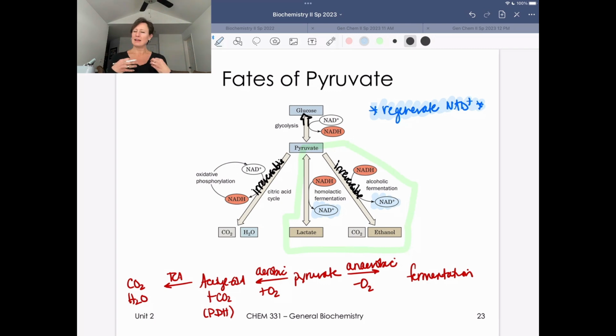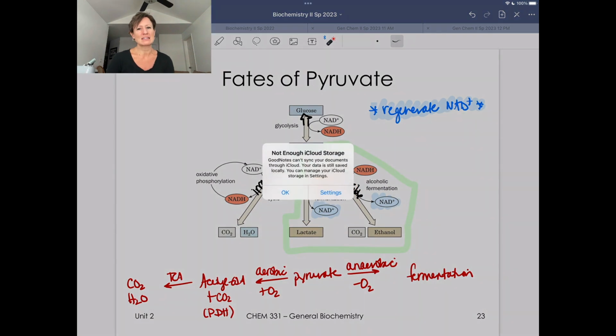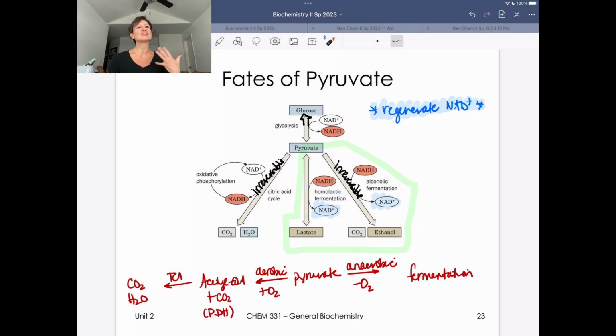We're going to have a couple of slides that talk more about the details. What is homolactic fermentation? Homolactic fermentation basically takes pyruvate and converts it to lactate. Pyruvate to lactate is a reduction of that molecule, so we must have a subsequent oxidation of something else. What is oxidized is NADH to NAD+. Again, the purpose is we regenerate that NAD+.